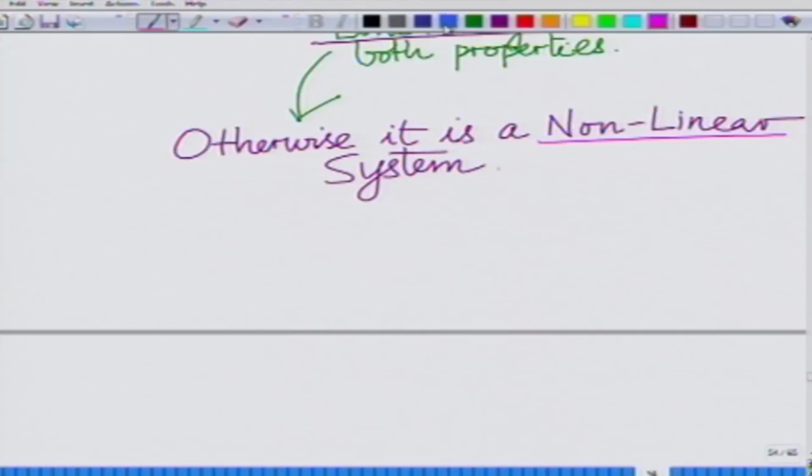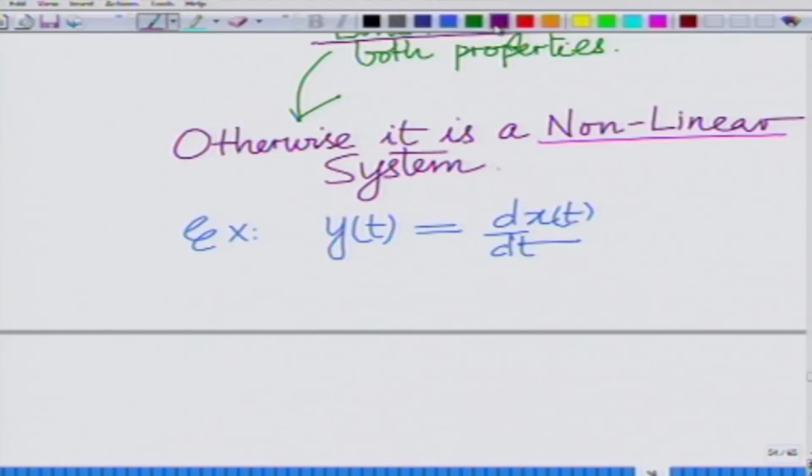For example, let us take a very simple example, y(t) equals dx(t)/dt. This is known as a differentiator. You can see that this is a linear system.